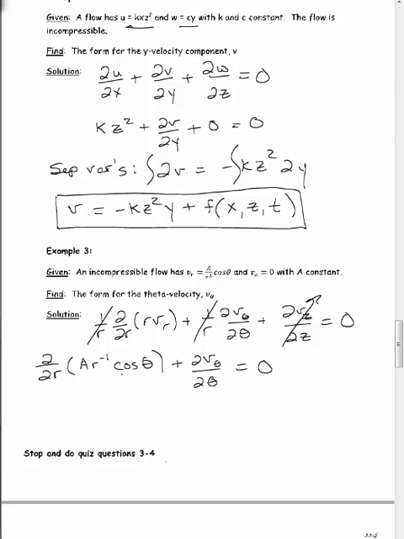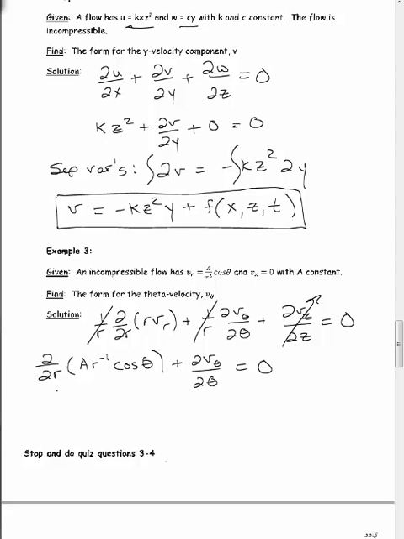Okay, so we can find the derivative of this. We're going to remember to treat cosine theta as a constant, because we're treating theta as a constant for the partial. A is a constant. So we're going to get A cosine theta, and then the derivative of r to the minus 1 is minus r to the minus 2, right?